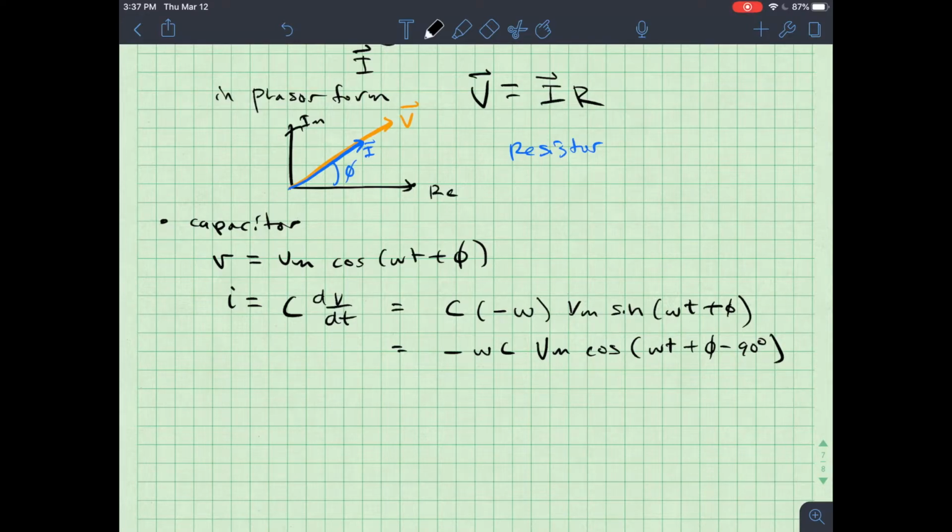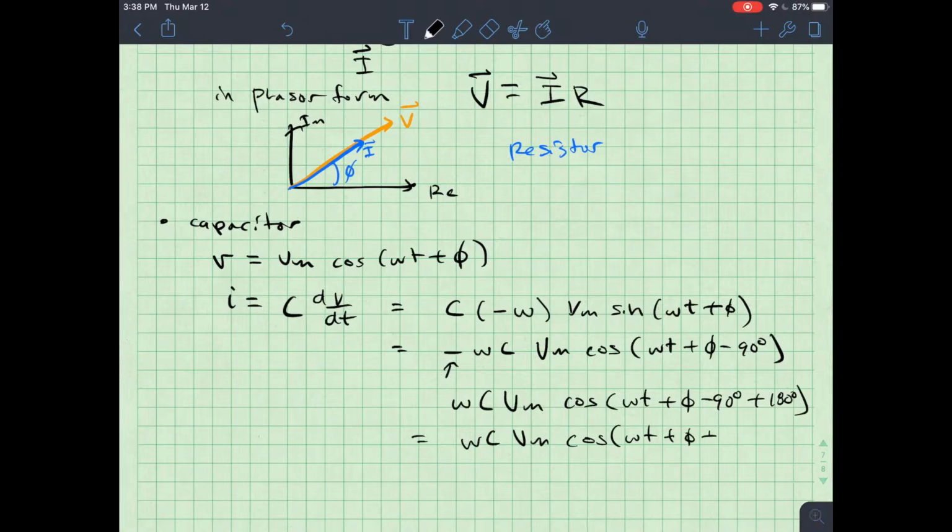But I want to get rid of this minus sign, so I'm going to add or subtract 90 degrees from this. So this is omega C Vm cosine of omega t plus phi minus 90 degrees, let's say plus 180 degrees. So that's equal to omega C Vm cosine of omega t plus phi plus 90 degrees.